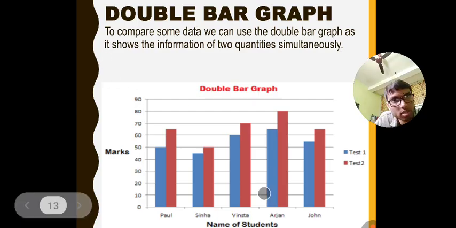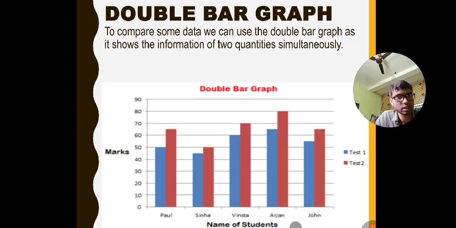Next is Vanishta, a student. I am assuming that Vanishta is a girl. She got in the first test how much? 60. But in the next test she got 70. Then Arjun.